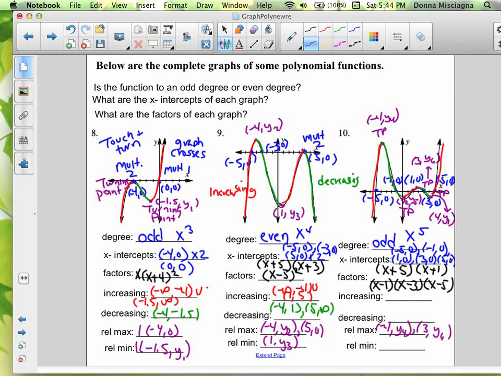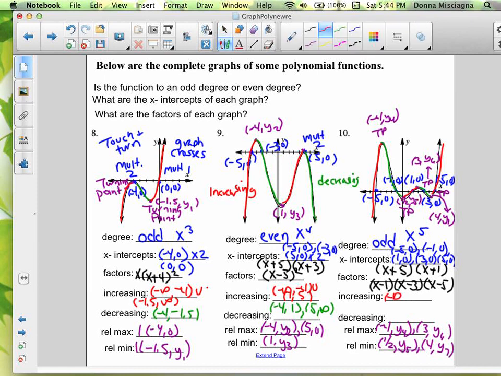And that's it. Relative min at 1/2, y5. And one more at 4, that's a y7. I've already used y1, that's got to be y7.